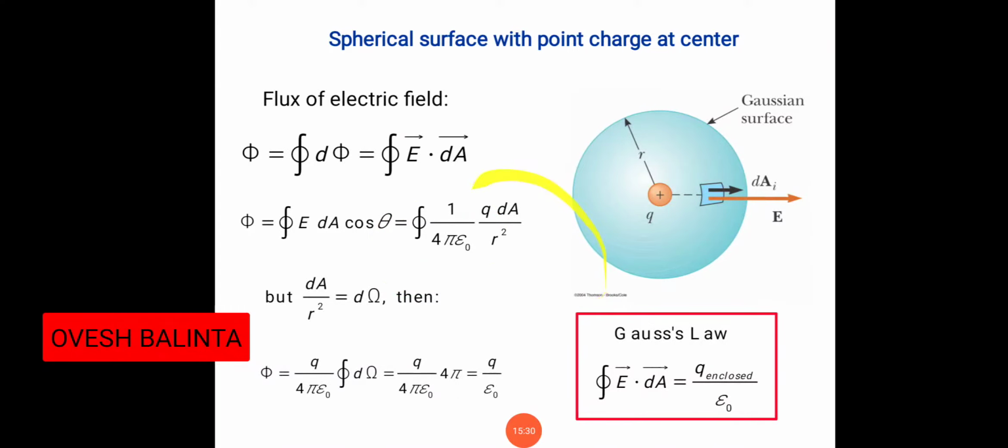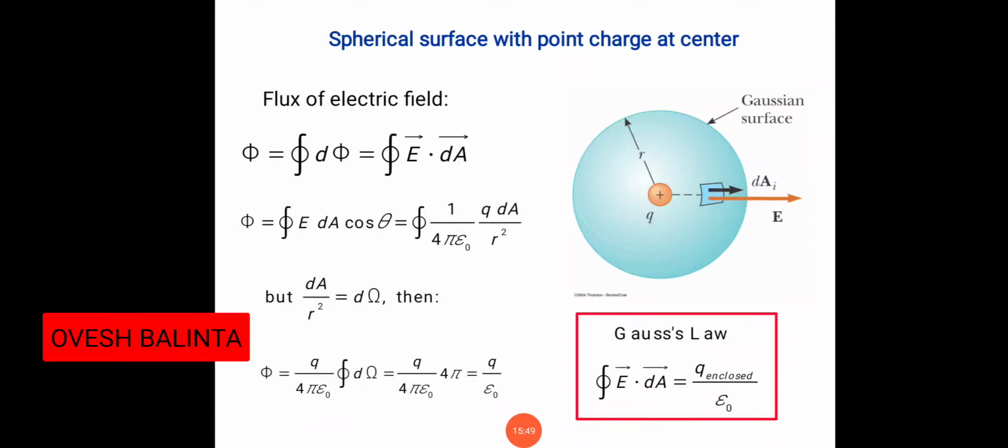So Q upon R square is our electric field. But now dA upon R square, we can say, is a solid angle, d omega.